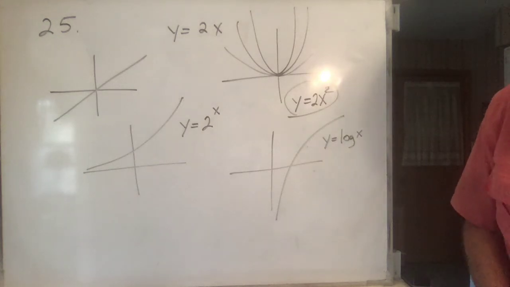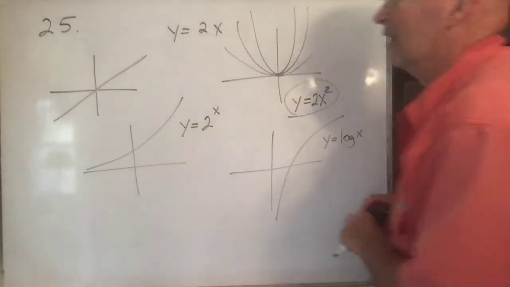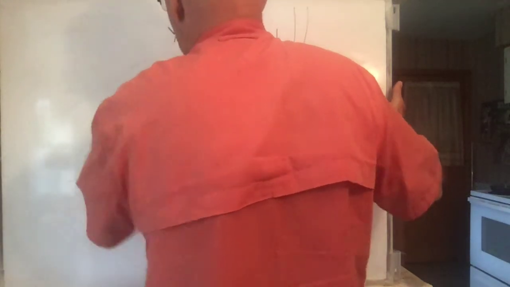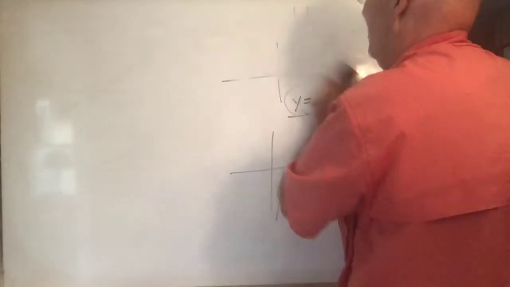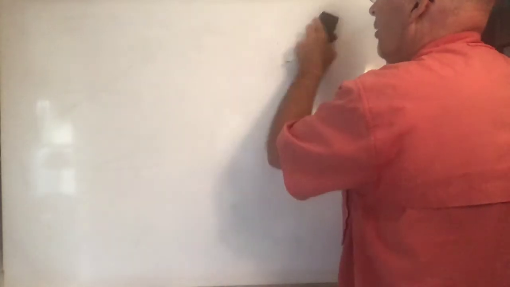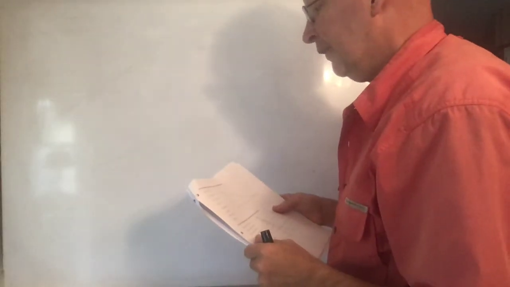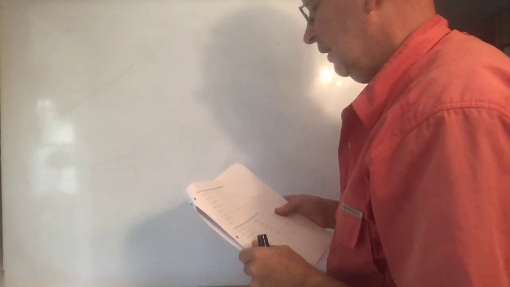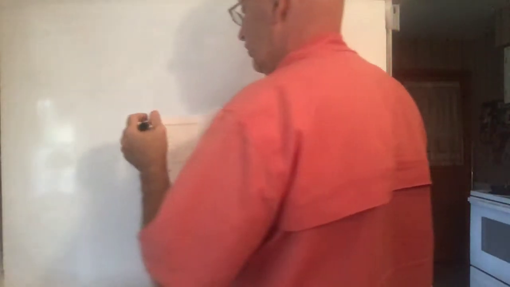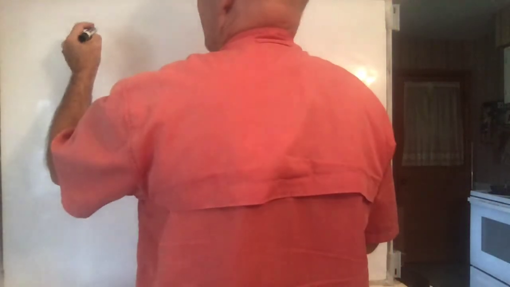Okay, now you're going to get 28 again here. 28 again. Given the following graph of a line, identify the matching equation. So in order to get the equation of a line, I need a couple points on that line.